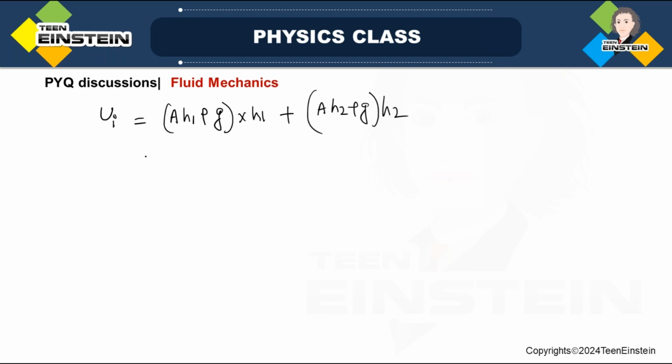So I can actually write A rho g common. I get h1 square plus h2 square, right? The final answer I will write later. Let me write this.